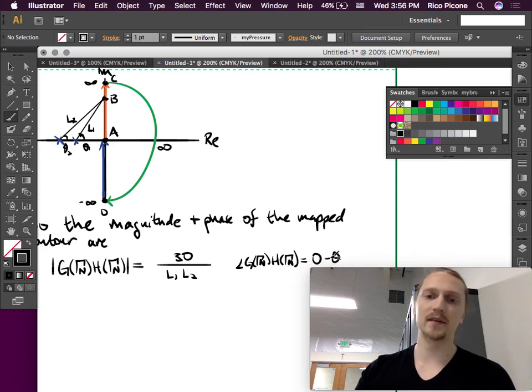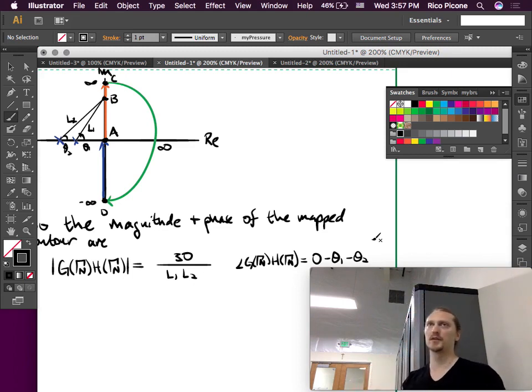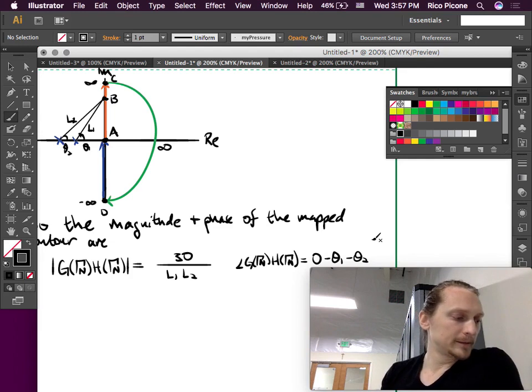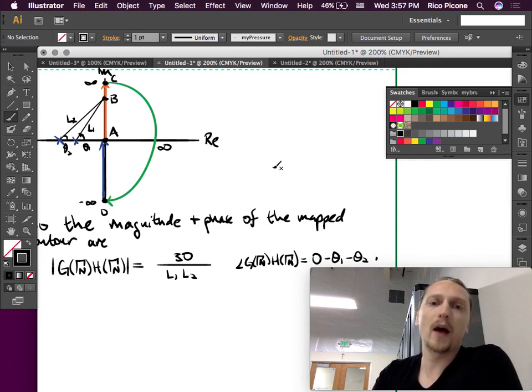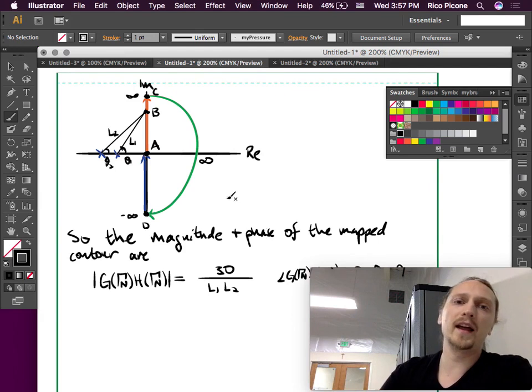Yeah, so 0 minus the quantity theta 1 plus theta 2. I'm going to say minus theta 1, and then distribute the minus sign. The theta 1 and theta 2 are both poles, so their angle contributions are negative. So that is how we're going to want to think about this geometrically as we go from point A up to point C, around to point D. As far as we're going to think about these angles and these lengths. Okay.